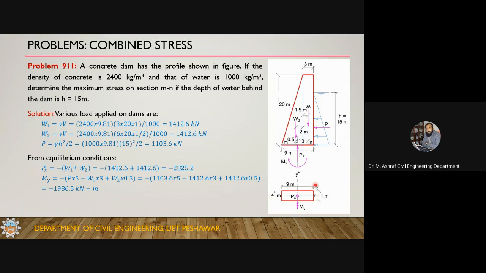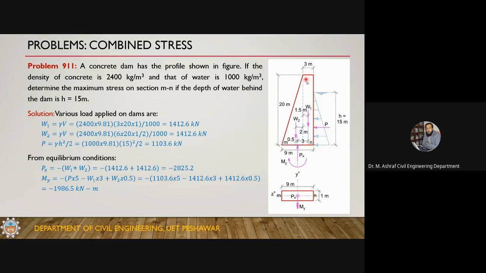So the pressure acting on this 1 meter and the weight of this 1 meter. We have taken this cross section at the base. Since this is 9 meter and we are taking 1 meter of this dam, this is a 1 meter by 9 meter cross section.